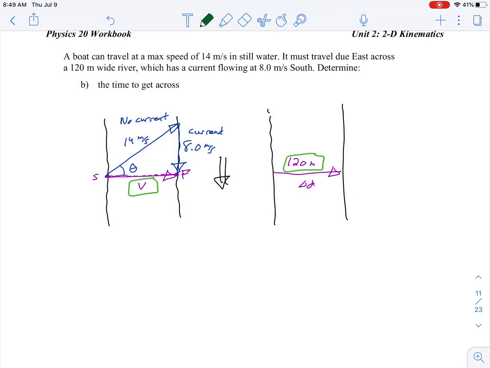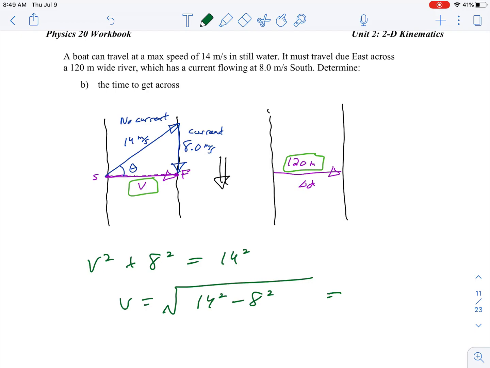Let's do that then. So a little bit of Pythag, and notice that v is not the hypotenuse this time. So we have v squared, sorry, almost made my own mistake. v squared plus 8 squared is equal to 14 squared. So v becomes equal to the square root of 14 squared minus 8 squared. Square root that.